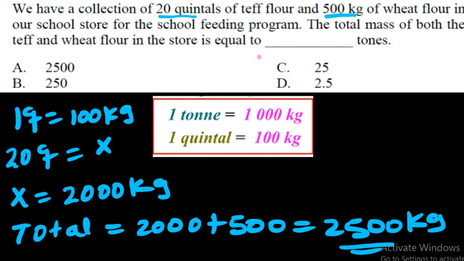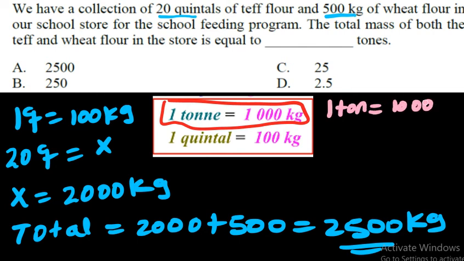But what is asked? We are asked to change into ton. Again, remember the second formula here: 1 ton is equal to 1000 kilograms. So if 1 ton is equal to 1000 kilograms, what will 2500 kilograms be? We can call it y.